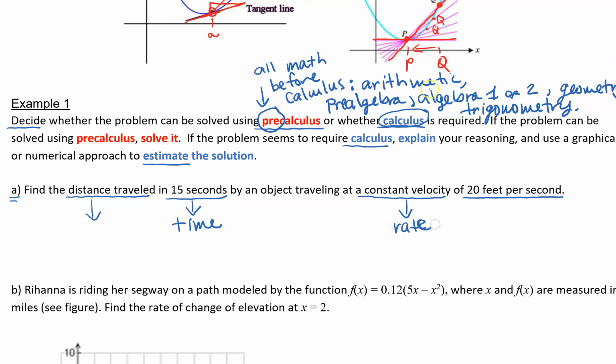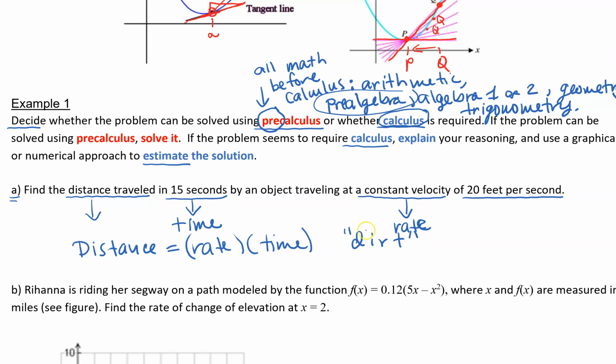So back in pre-algebra, I believe, you learned a formula called distance equals rate times time. I believe in some classes they refer to this as DIRT. Distance is rate times time. This is the DIRT formula.